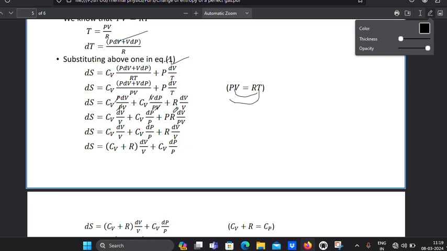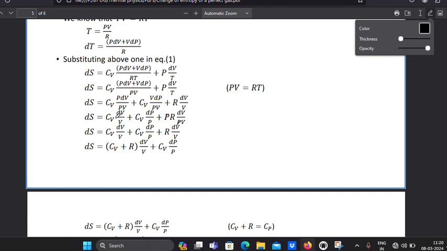In the place of RT, PV is written and separated. It is like this, P by T. What is P by T? From this equation, bring T this side, P by T, and it will bring this side R by V. So we got R by V. Earlier it was mistaken, it is R by V only.